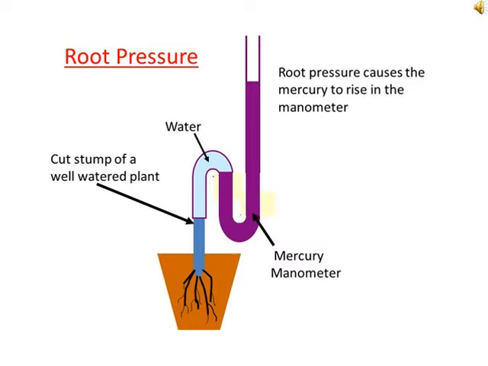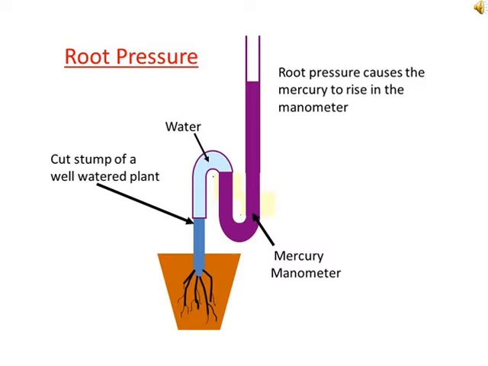Actually, the root pressure is the pressure developed in the roots due to continued inward movement of water through cell to cell osmosis. When the root hair absorbs water from the soil, it passes from the root hair to the cortical cells, and from the cortical cells to the next cell, and like that it passes.